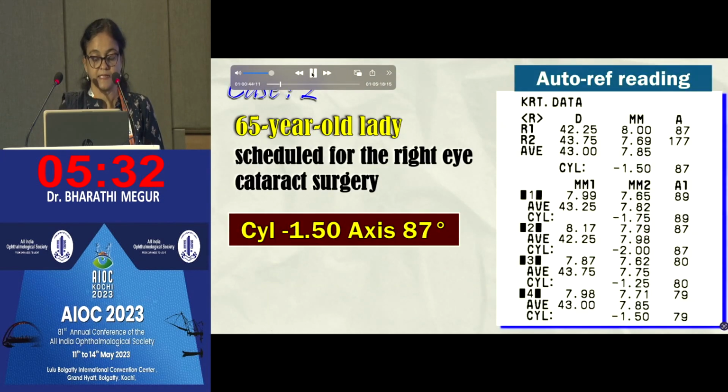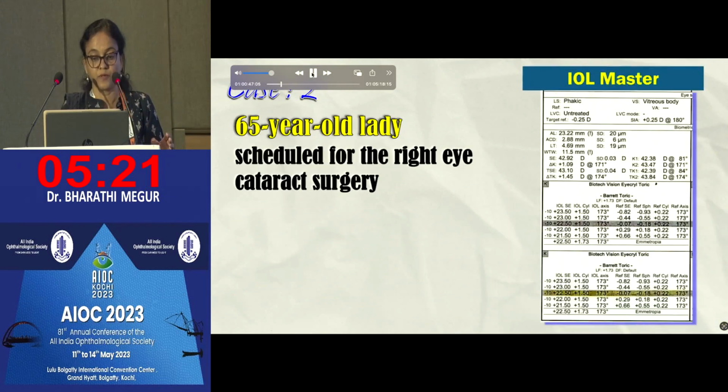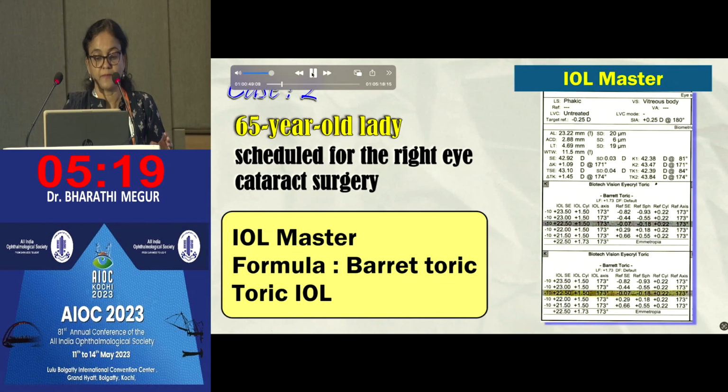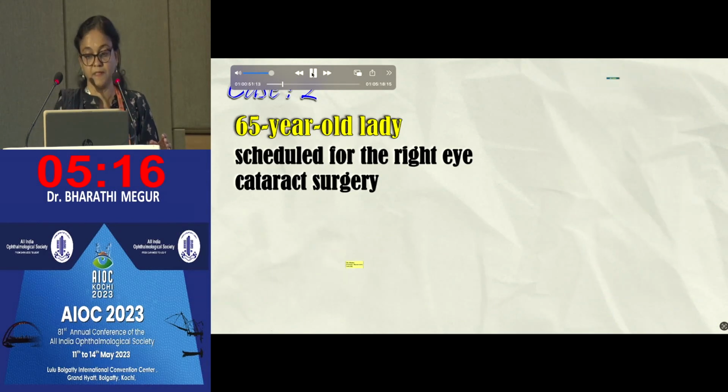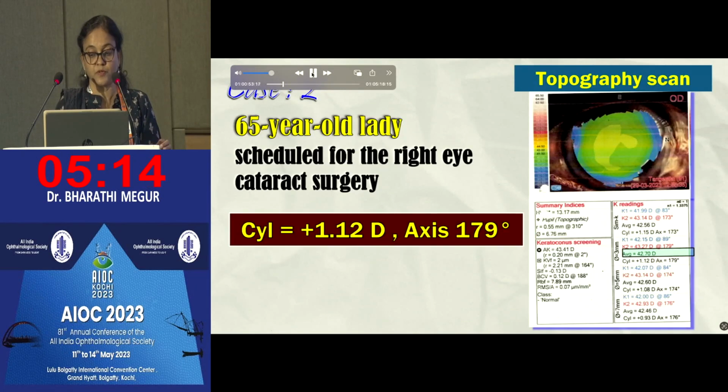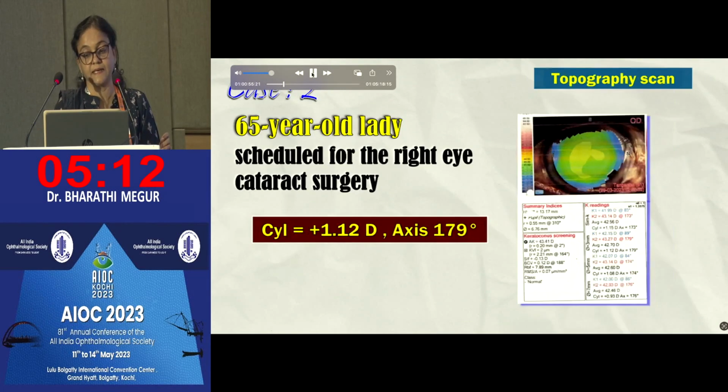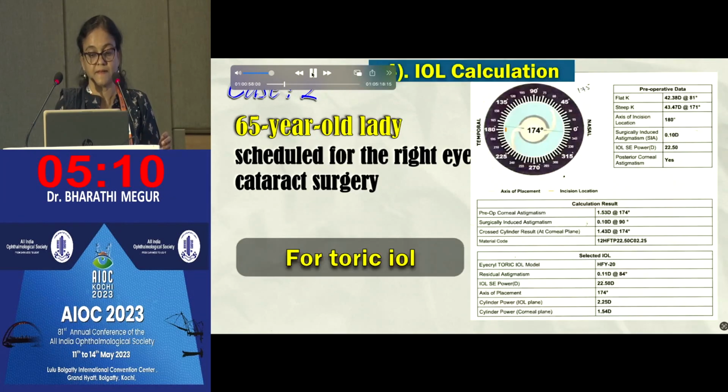here again, this is a 65-year-old lady. She has, against the rule, astigmatism of minus 1.5, axis at 87 degrees. We obtained 4 important biometric measurements from auto-K reading, a topography scan, an immersion scan, and also the IOL Master 700.